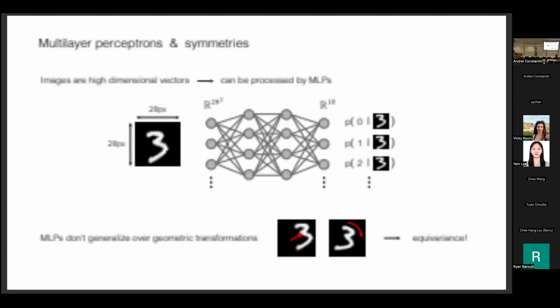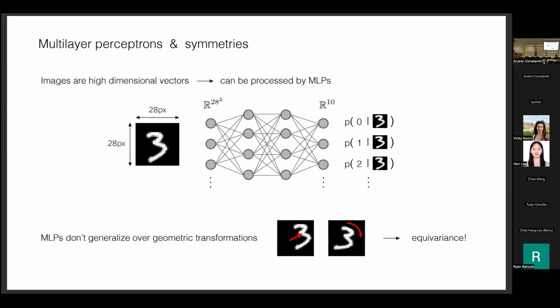But the issue here is that these MLPs don't generalize over geometric transformations. That works actually reasonably well, but what happens if you shift your image or slightly rotate your image is that the network gets entirely confused and it doesn't detect it anymore. And this is solved by making the network equivariant to these transformations. So some more examples.